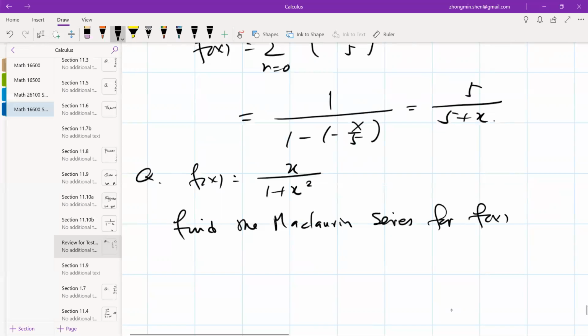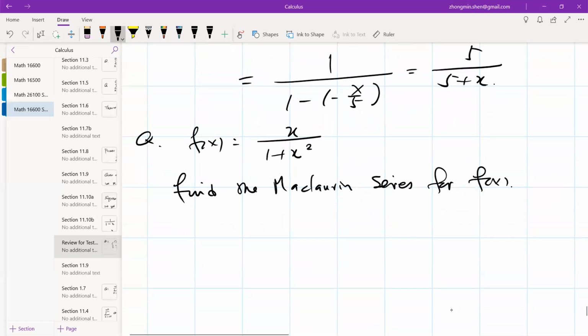Okay, how do you do this? Well, according to the definition, the Maclaurin series is going to be this. But if you really want to find the derivative, it's almost impossible to get a general formula. No way you can find the general formula for the nth order derivative. So complicated.